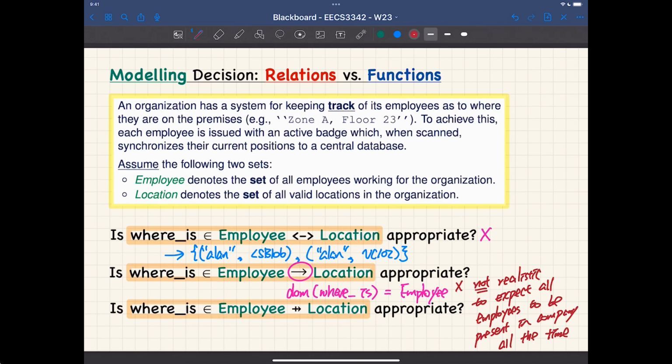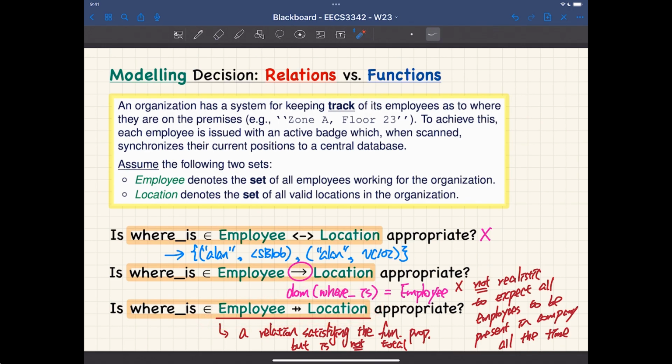All right, so this one here is going to be a relation satisfying the functional property but is not total. This is how you should really understand this particular final choice.